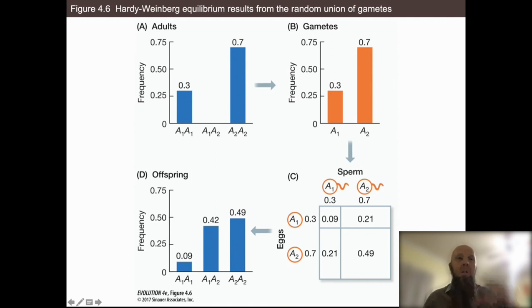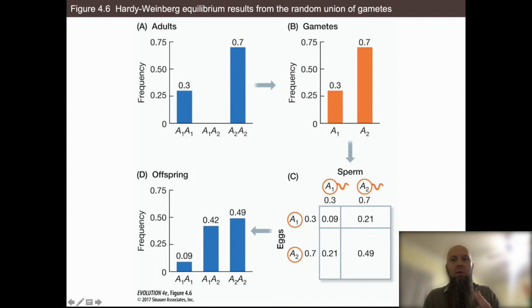If that's true of all individuals in the population, which the Hardy-Weinberg equilibrium equation suggests, then that product rule of probability can be used not only to calculate the probability that a single individual is homozygous for A1, but that's also predictive of the overall frequency of A1 homozygotes in the population.